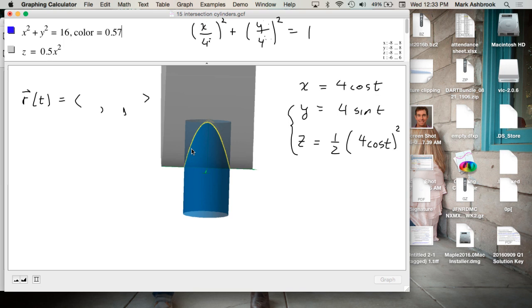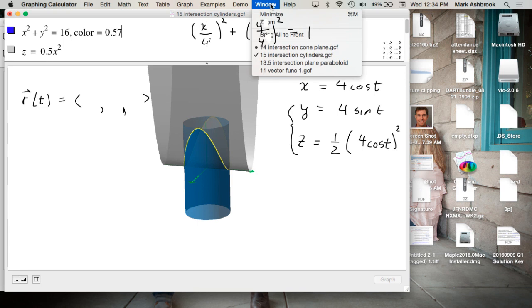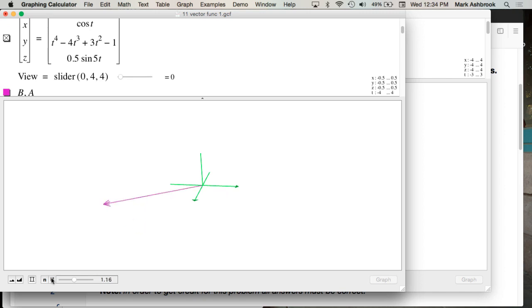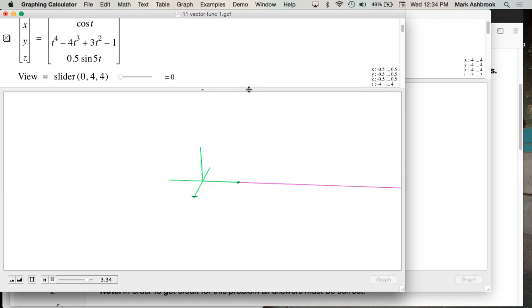Okay, so we've got a little time left to start something new. Next topic. Remember, when I introduced vector functions, I showed you this, my favorite one. And how does it work? For every value of t, you get a vector. Every value of t gives you a vector. That's what a vector function is.